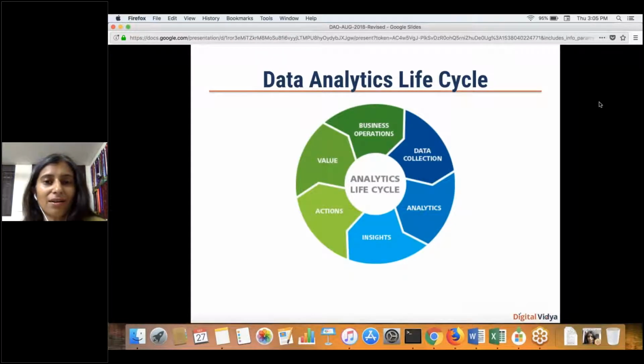So data is key, domain is key, then being able to analyze it and show insights, where otherwise one may be using intuition or emotion. But now it is all about what that data is saying, and then formulating actions out of it, which in turn provide value.